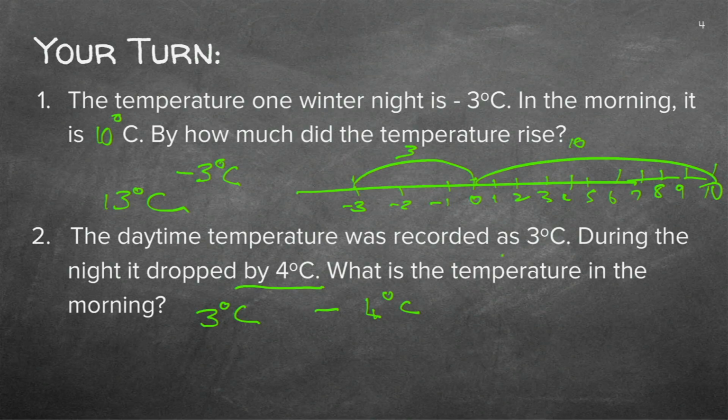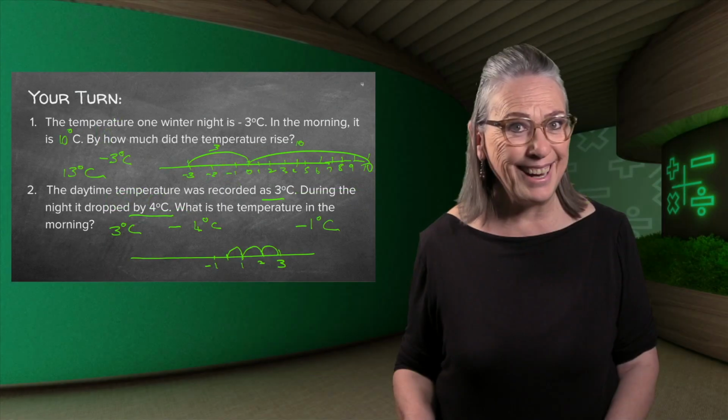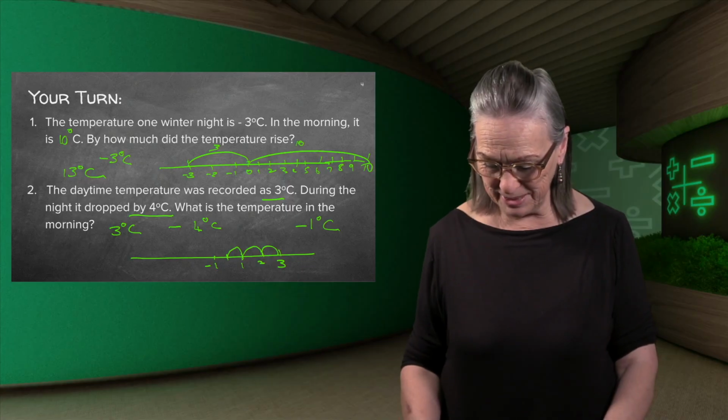So it was recorded as 3 and it dropped by 4. So remember your timeline. It was recorded as 3 degrees. It dropped by 4. 1, 2, 3, 4. So what was the temperature in the morning? -1 degrees Celsius. Well done if you've got that one correct.